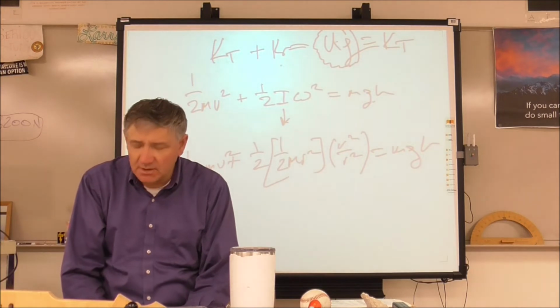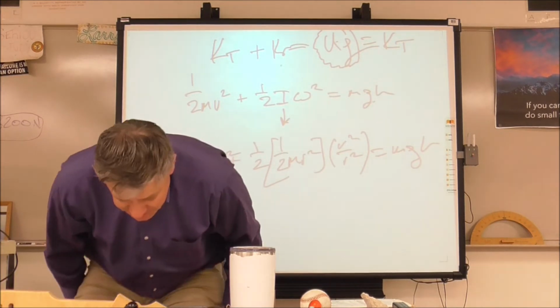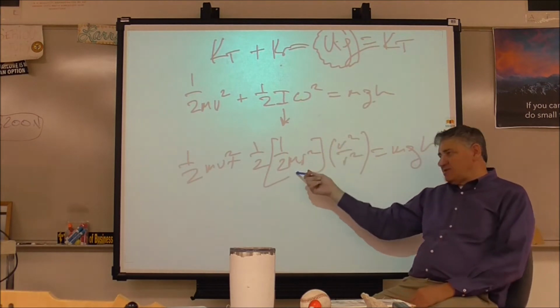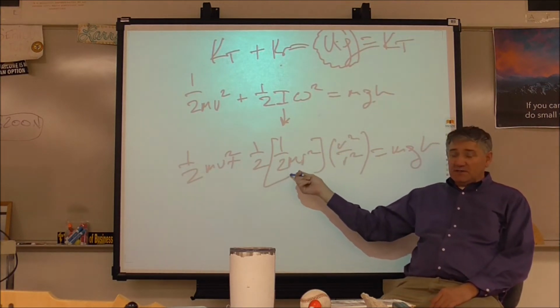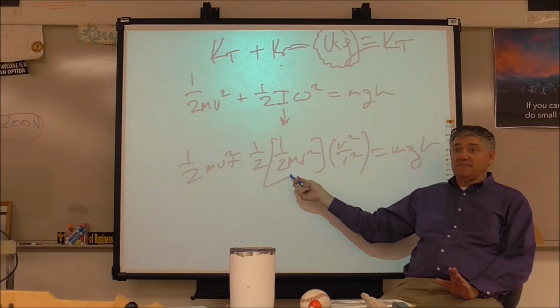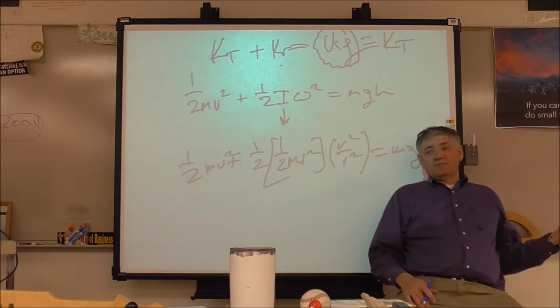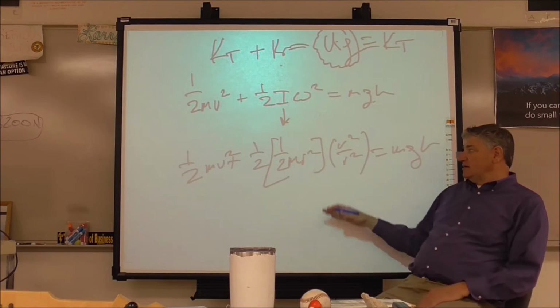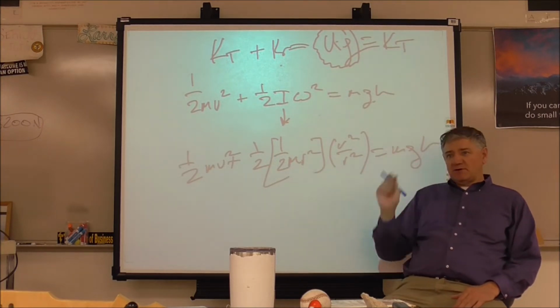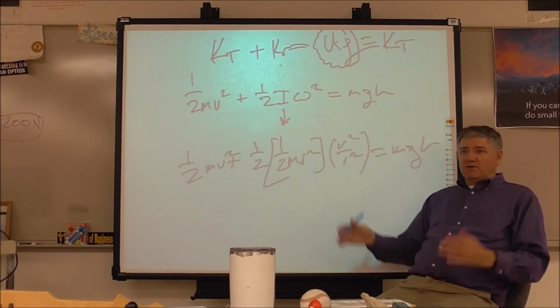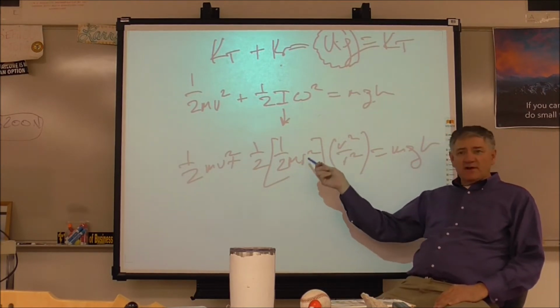The only thing that I can change in this entire process is this moment of inertia. I can make it a solid cylinder, 1/2 mr squared. I can make it a sphere, 2/5 mr squared, or a tennis ball, 2/3 mr squared, or a thin hoop, it's mr squared. This is the only thing that I can change.